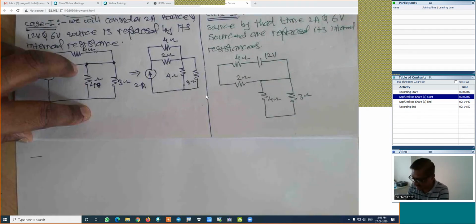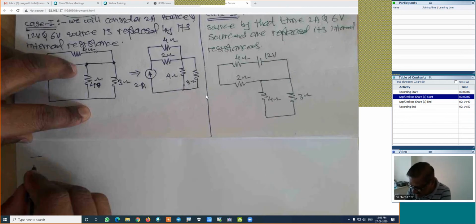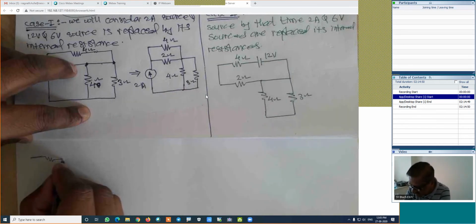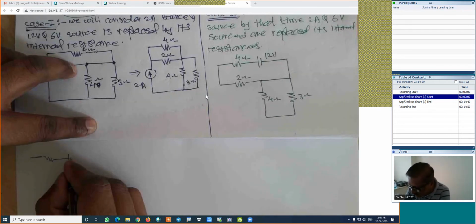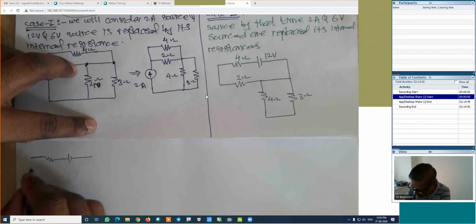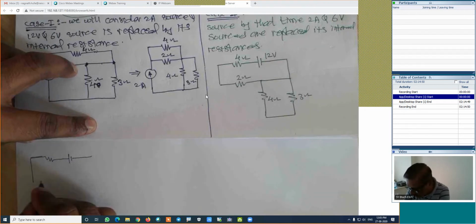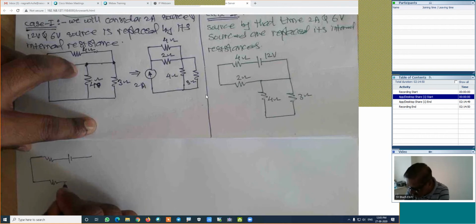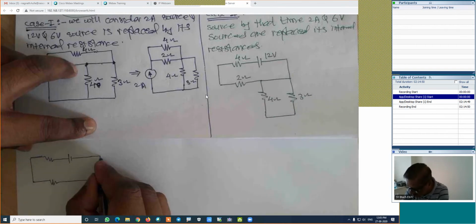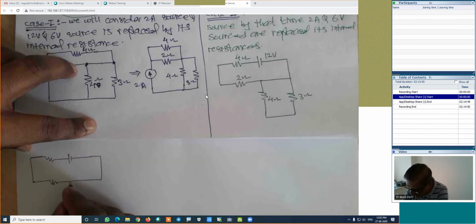How is the case? This 4 ohm will be as it is. This is 12 volt as it is. This 2 ohm as it is. And here will be the series combination of the two.